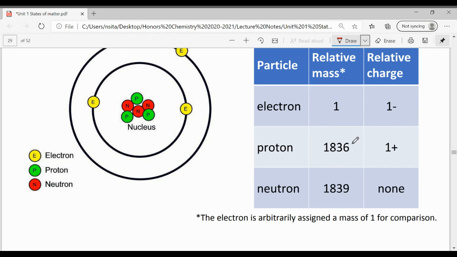What we found is that proton is about 1,800 times heavier than the electron. Neutron too. Neutron has a mass that is about 1,800 times heavier than the electron. If you put all of this together, electron, proton, neutron, you can see that the mass of the atom mainly comes from these two subatomic particles, the proton and the neutron.